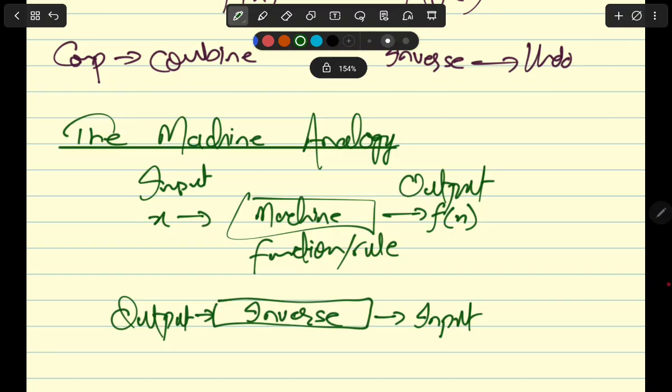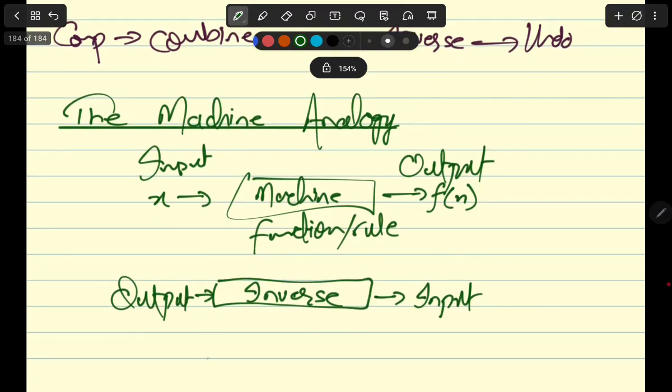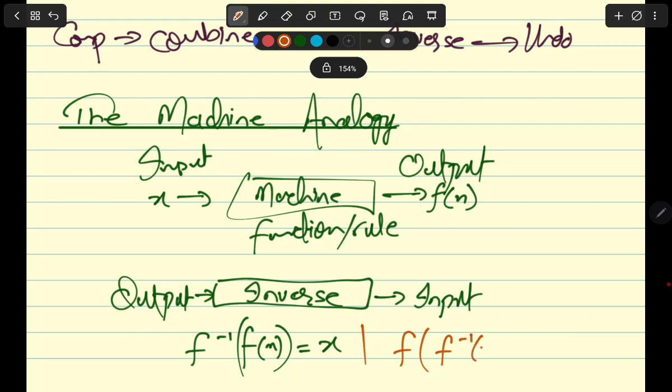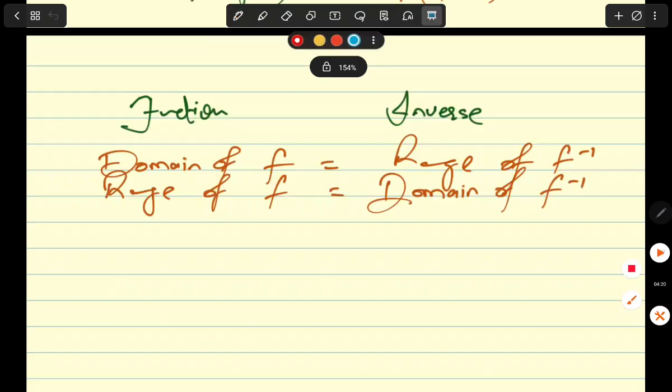So for example, if you apply f inverse on f of x, then it produces x. Similarly, if you apply the function on f inverse of x, it also produces x, and we are going to do quite a few examples in this lecture on that.